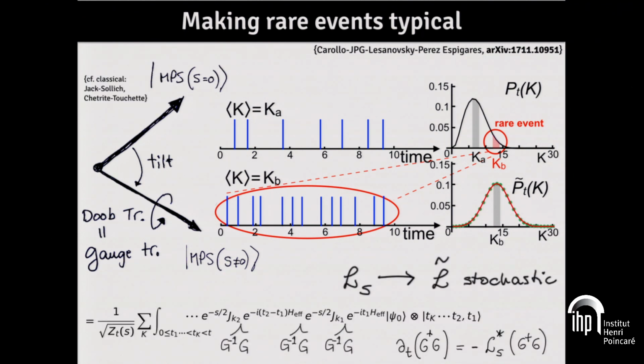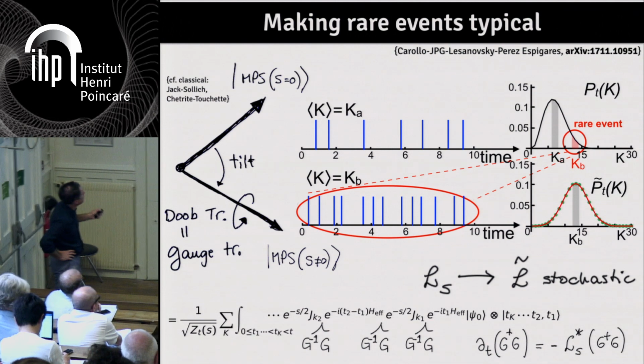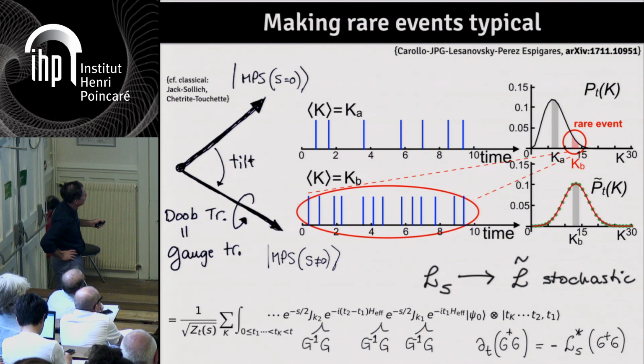The mathematics is something like this. So this is this tilted vector that's not physical. One can insert identities with a time-independent operator G, and one can ask that operator G to make this vector into the ensemble of trajectories matrix product state of some other dynamics.